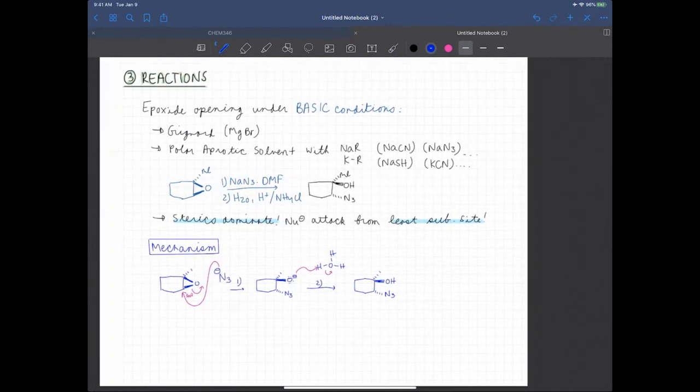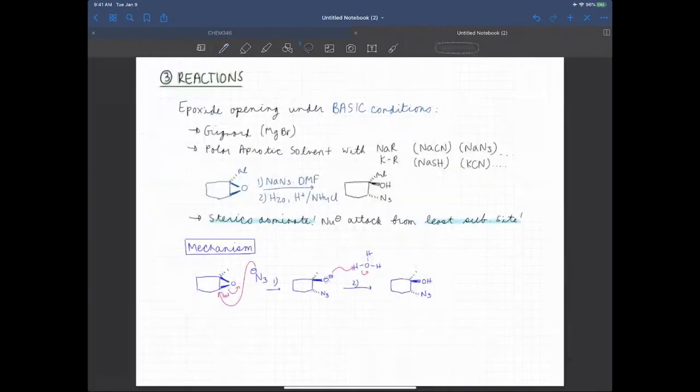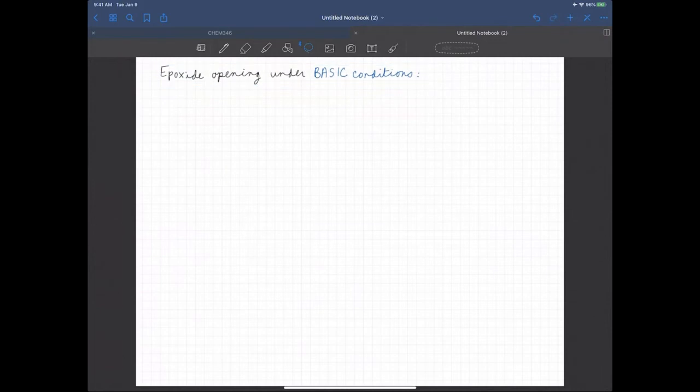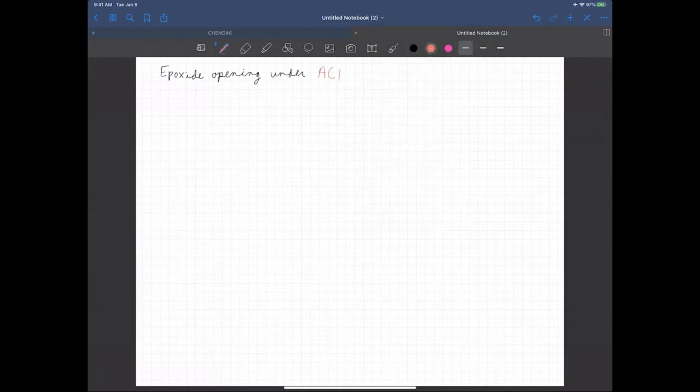Then we can talk about opening epoxides under acidic conditions. Does anyone have a clue or a hint of what I'm going to talk about when I say acidic conditions?